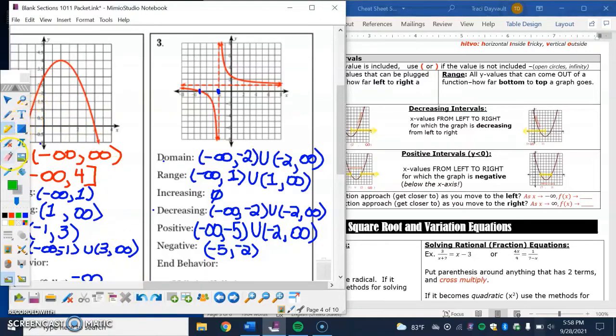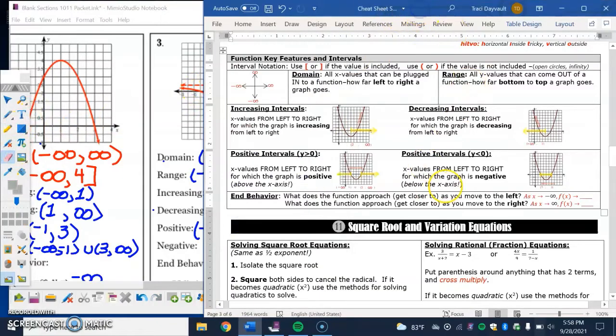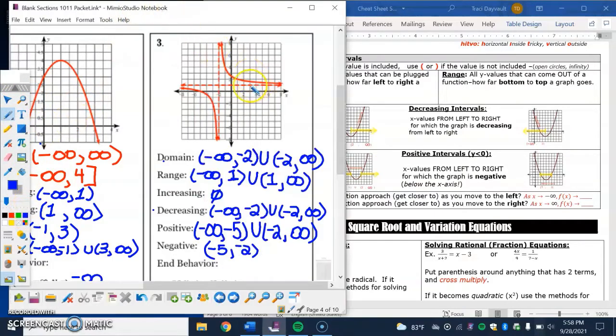But lastly, let's look at the end behavior. We're looking at, as you move to the left and go on and on and on, what does the graph get closer to? Let's see. If we keep on going forever to the left, this is not going to go to infinity.